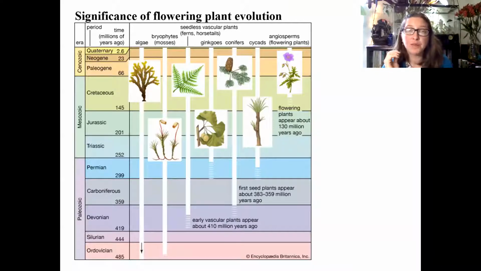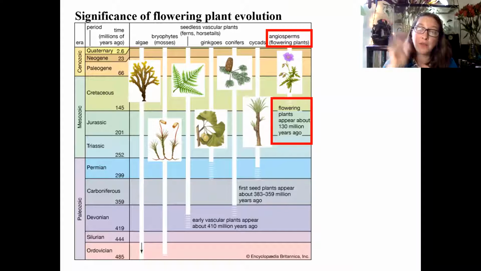So there's more to the significance of flowering plant evolution. Just to give you a little context, we're not going to go into it in great detail, but if we look at the fossil record and DNA analysis and things like that, we estimate that flowering plants appeared on Earth around 130 million years ago, give or take.